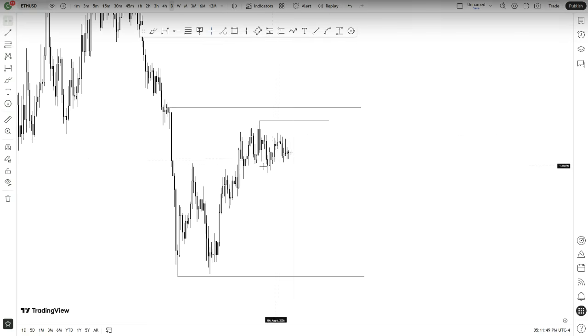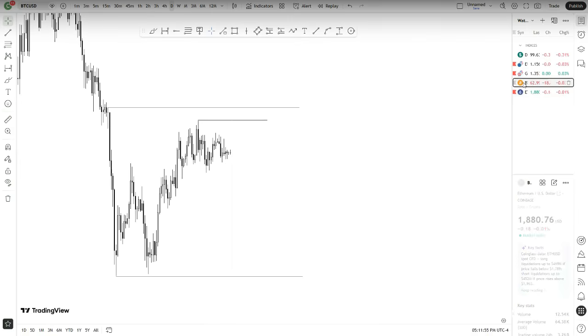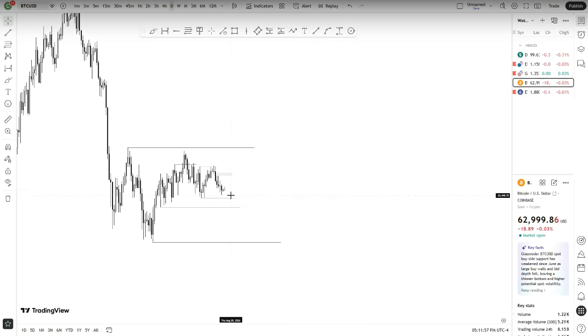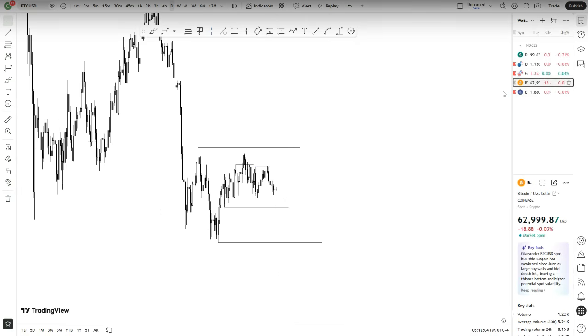It's better to be bullish than bearish at this point. Same with BTC. It's better to be bullish than bearish at this point. And that's just the truth.